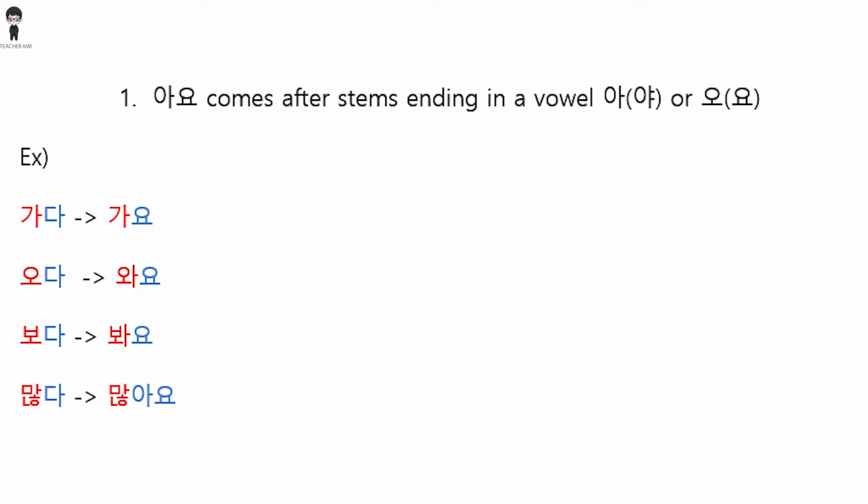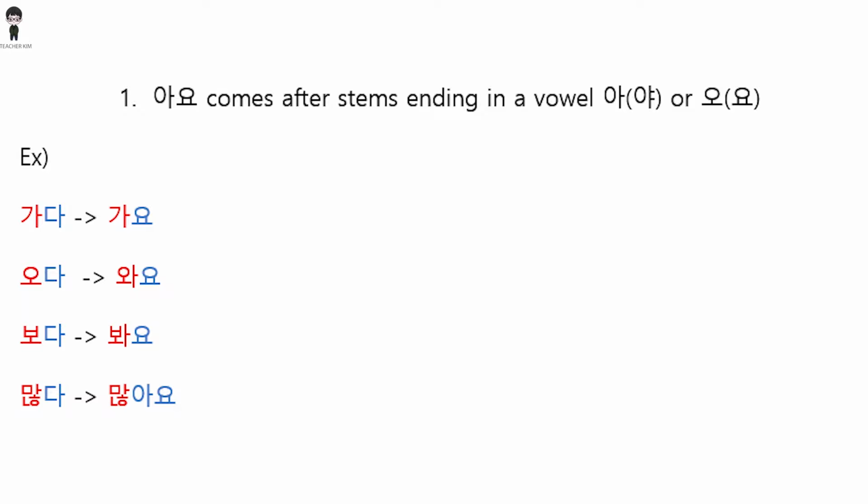Okay, 가다 can be converted into 가요 because the stem ends in the vowel ㅏ. Number two, 오다 can be converted into 와요 because for this one we add 아요 to 오 and it becomes 와요. And then 보다 becomes 봐요, with the same logic as the one above. And 많다 becomes 많아요 because the stem ends in the vowel ㅏ.